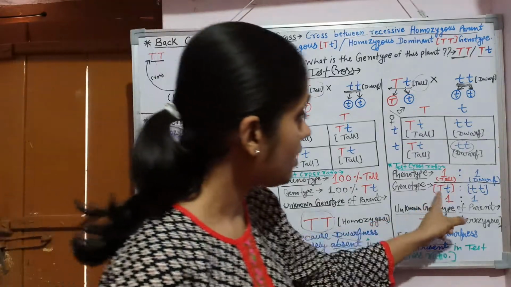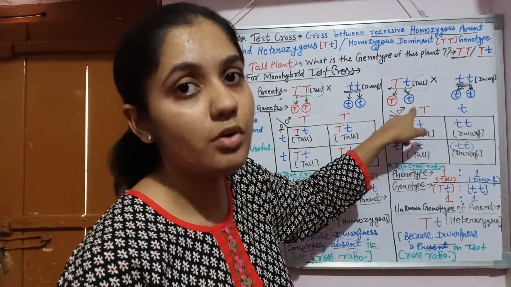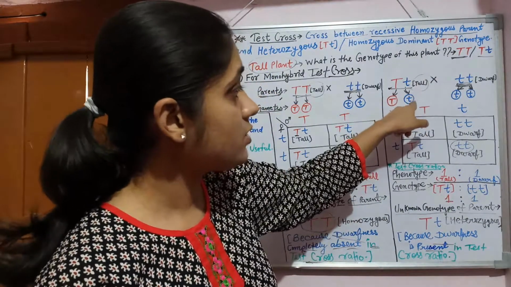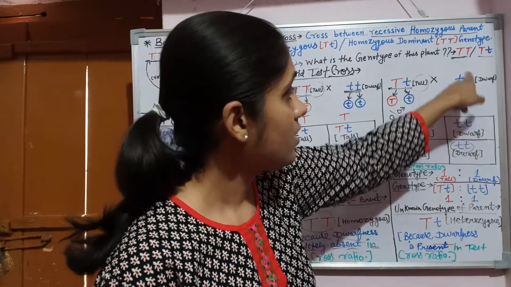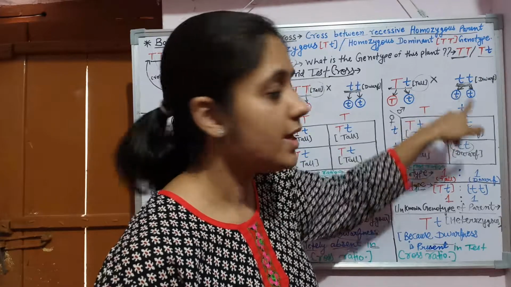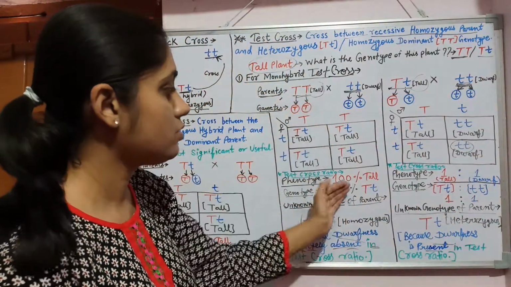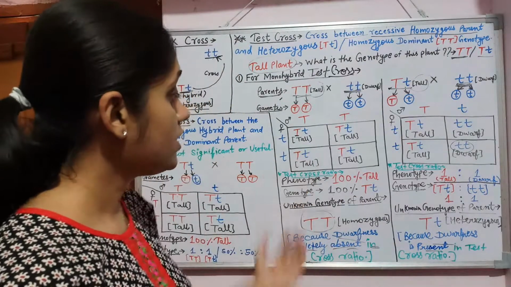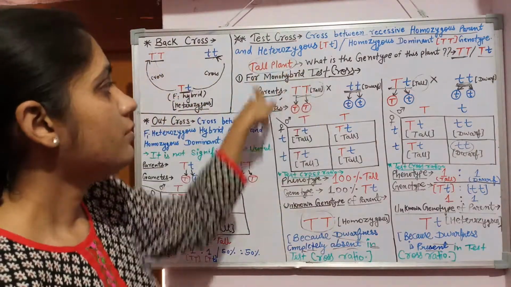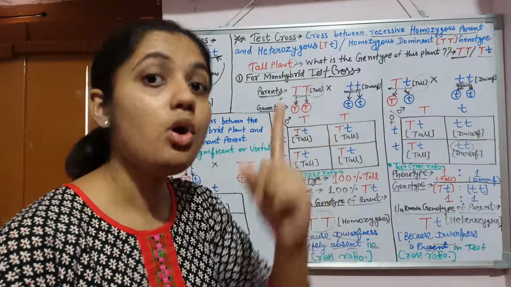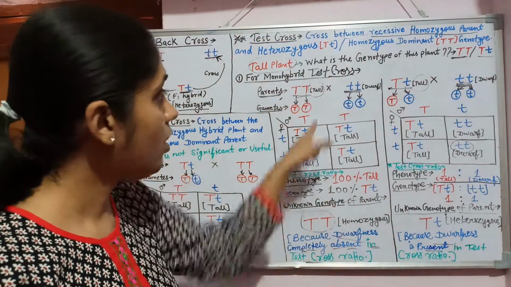When this dwarfness allele forms the progeny with the dwarfness allele of the other parent, then the dwarfness appears. But here this dwarfness allele is completely absent, so dwarfness is not present. So we can assume that dwarfness being completely absent means the parent must be homozygous. It is homozygous.